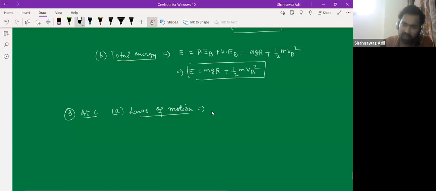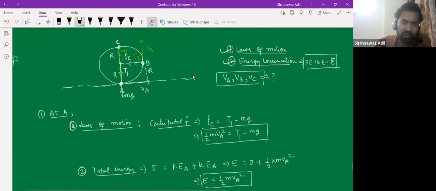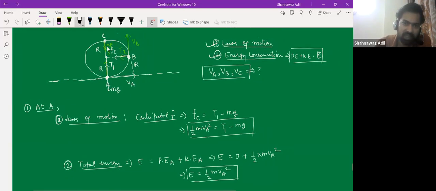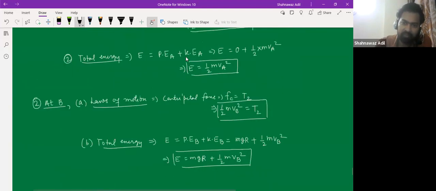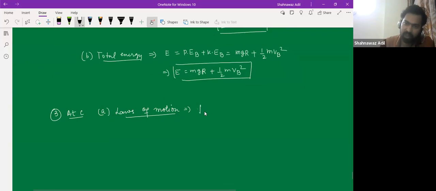Okay, let's see. So centripetal force is mg plus T3, right? So Fc is mg plus T3.